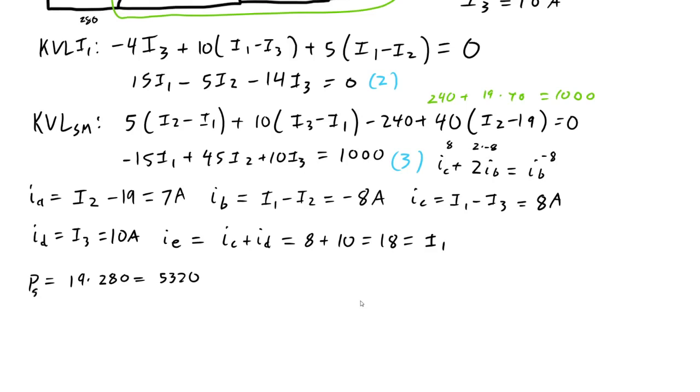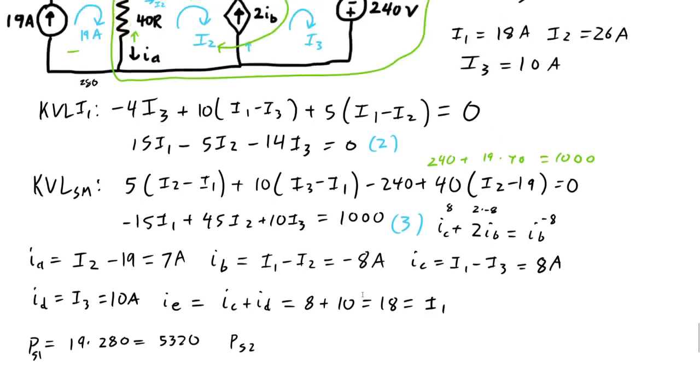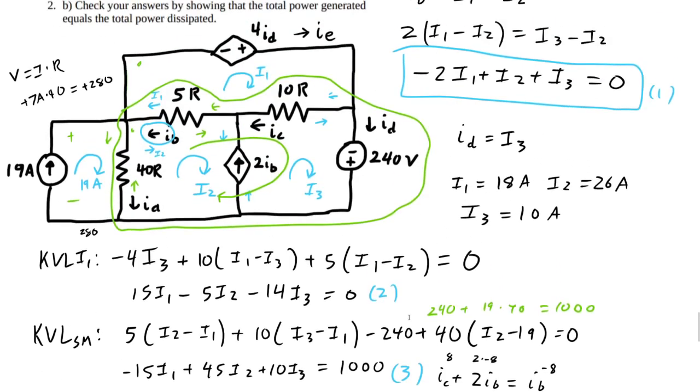So I'll call that PS1, and we'll do PS2. We need to find the voltage across the current source.